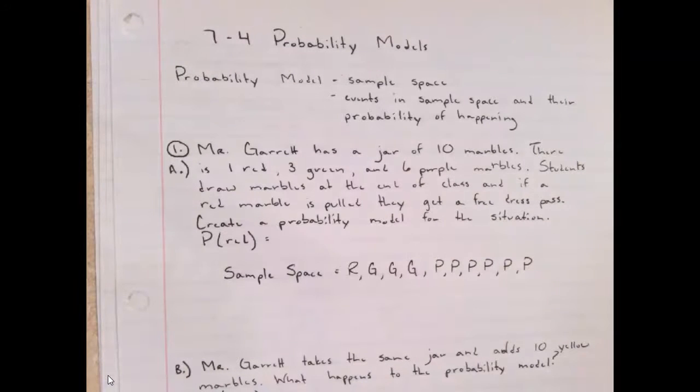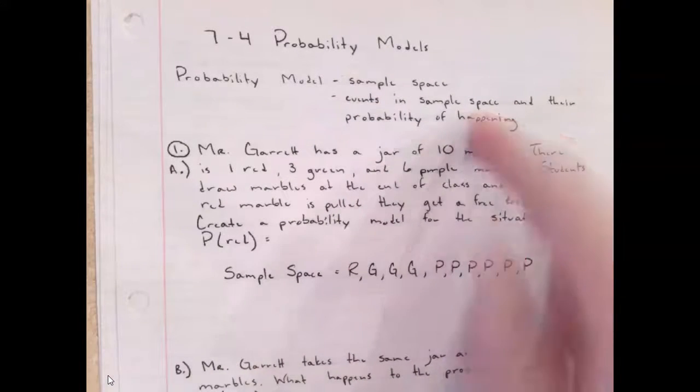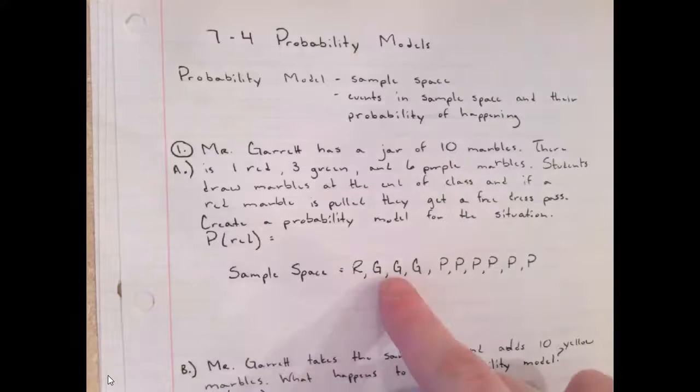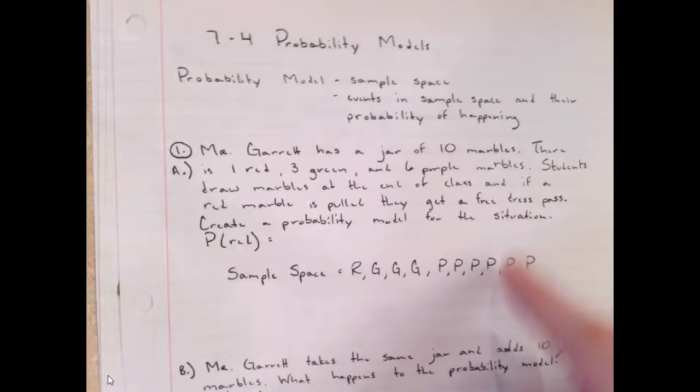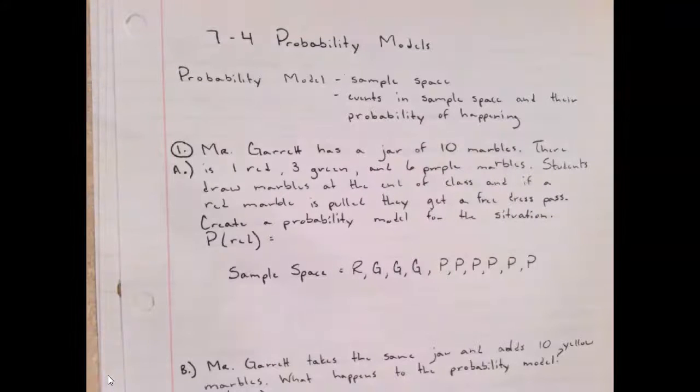The last thing that this includes is the events in the sample space. So here are my events. My events are red, green, and purple. I want to list those out with their probability of happening. And this is where the probability model begins to separate itself from anything that we've done in Chapter 7.